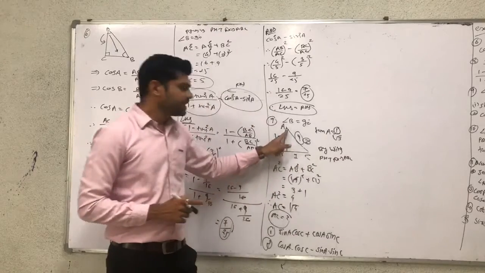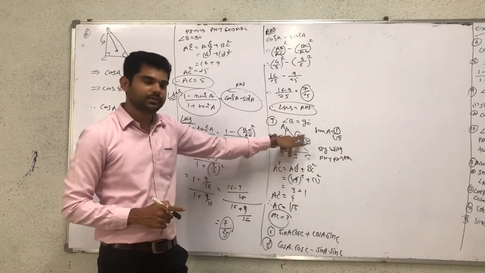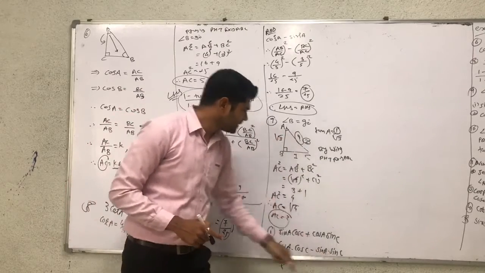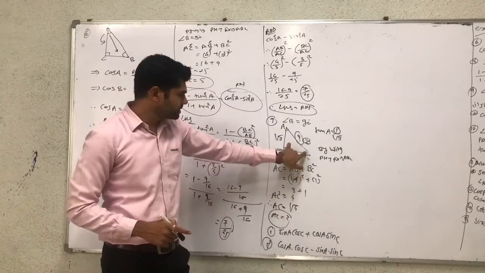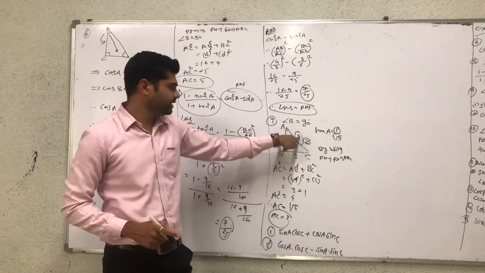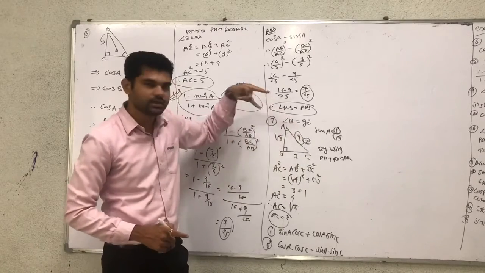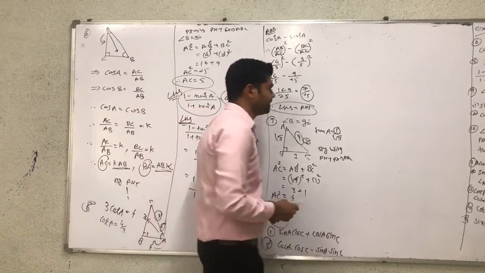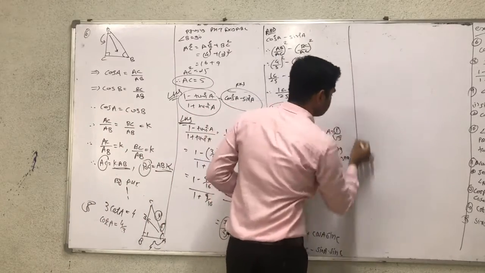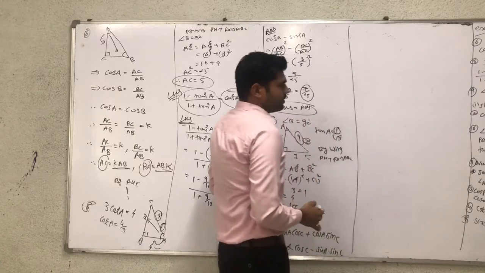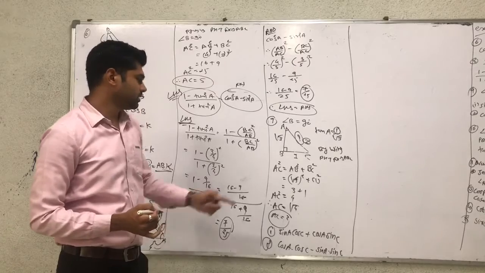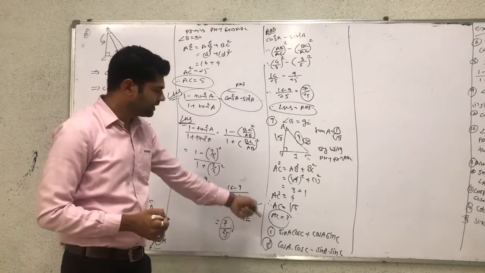Sin A means opposite upon hypotenuse, opposite BC, hypotenuse AC. Sin C, opposite side upon hypotenuse, means AB divided by AC. Put all values and simplify the answer. Now question number 9, solve and find the value.